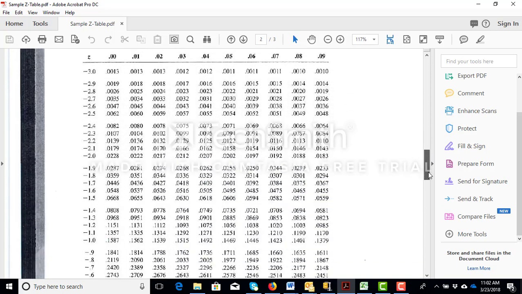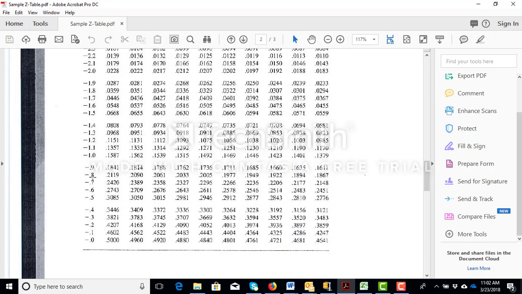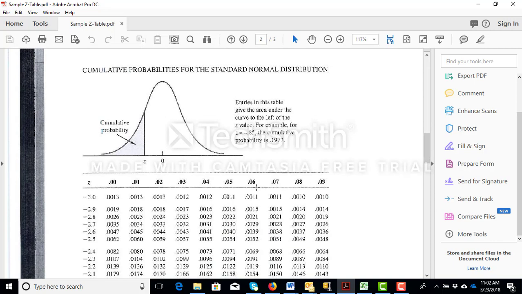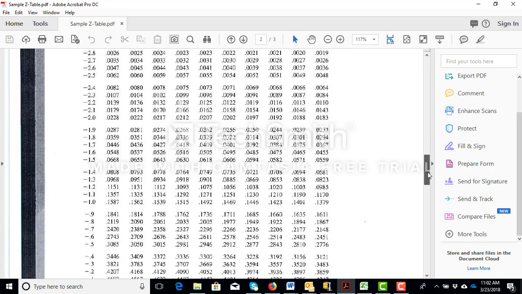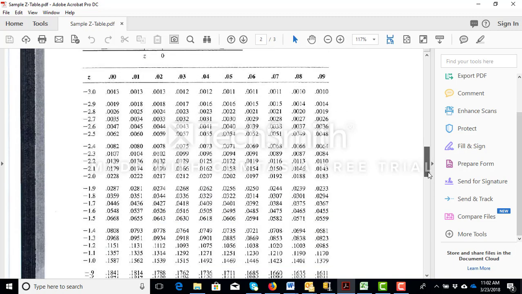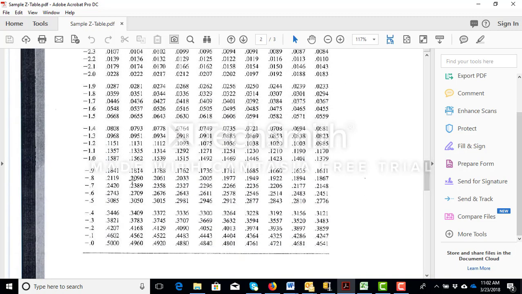Well, we first go to minus 0.8 on the left side here, and then look at the column headers here. It says 0.00, 0.01, 0.02, 0.03, 0.04, 0.05, because this z that we're trying to look up is minus 0.85. So first we find on the left minus 0.8. It's here.